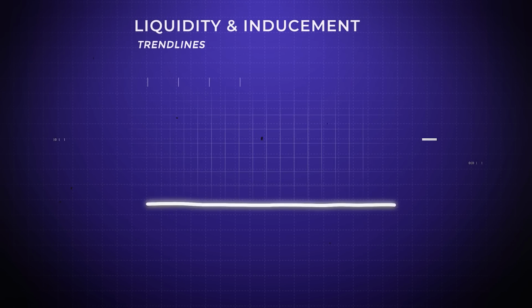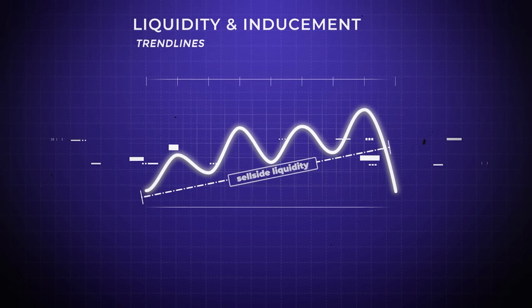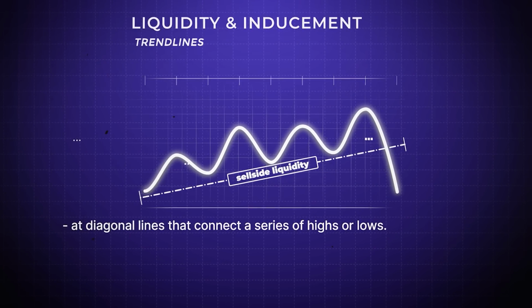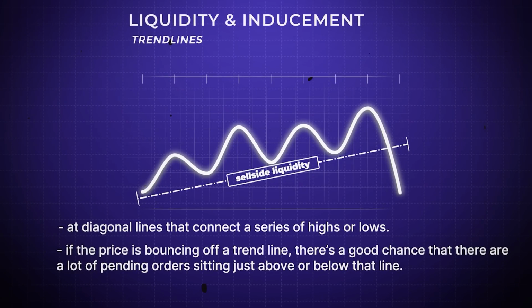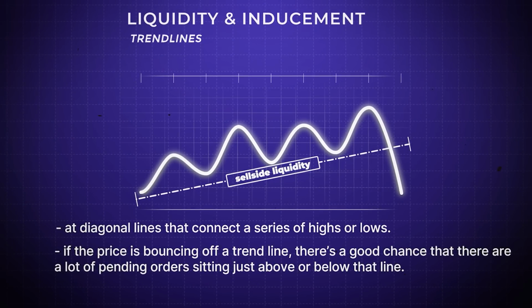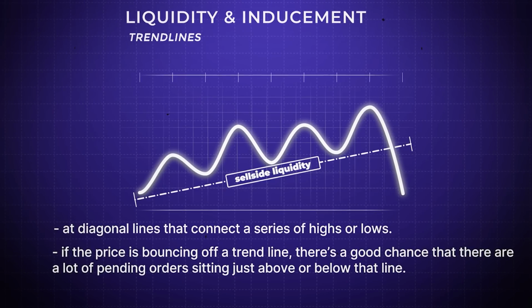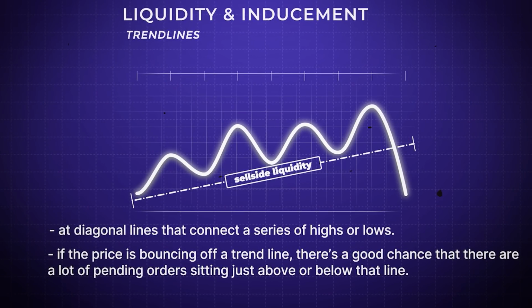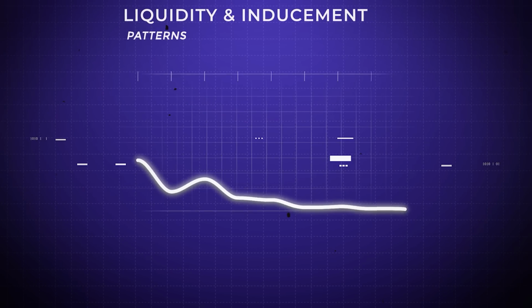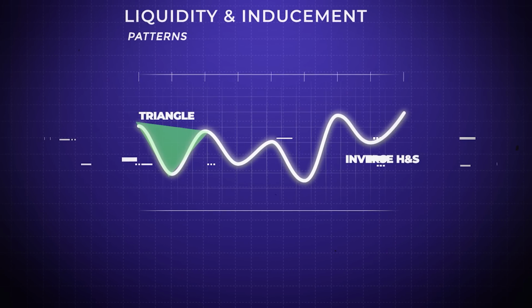Trend lines are another great place to look for liquidity. These are diagonal lines that connect a series of highs or lows. If the price is bouncing off a trend line, there's a good chance that there are a lot of pending orders sitting just above or below that line. Chart patterns are another key area to watch for liquidity.